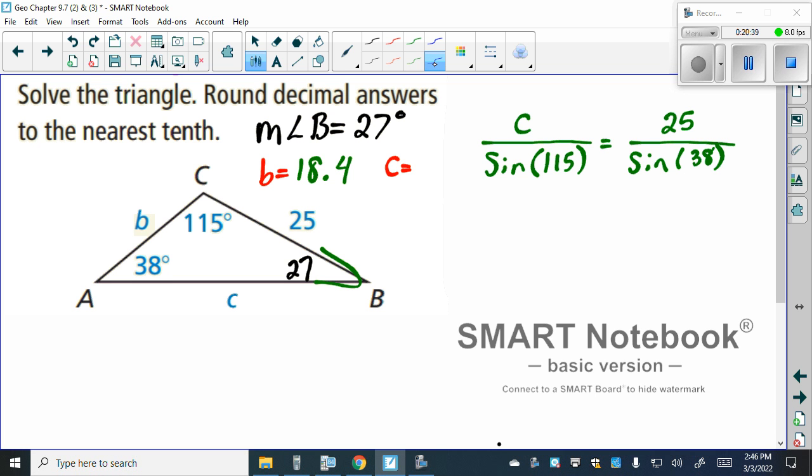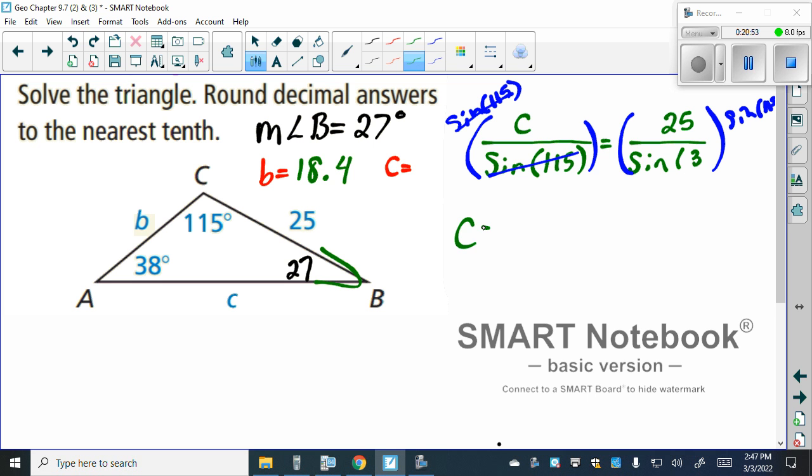Now at this point here, we would multiply both sides by sine of 115. These would cancel, telling us C is equal to 25 sine of 115 over sine of 38.